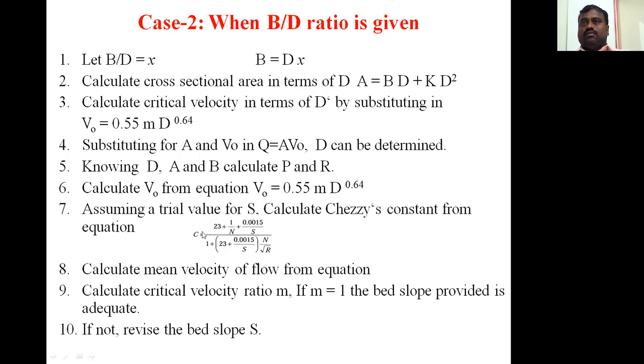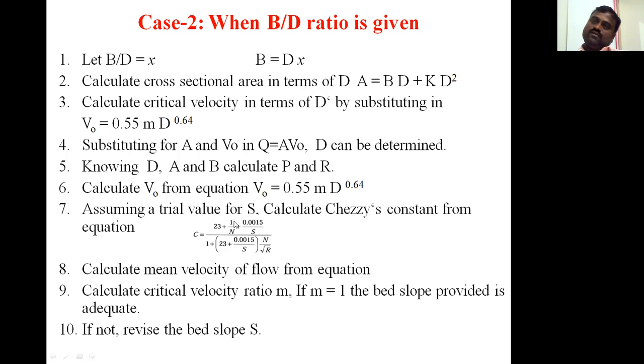Now assuming bed slope value, in Kutter's equation, which is given by V is equal to C root RS, where C stands for this given equation: 23 plus 1 by n plus 0.0015 divided by s, whole divided by 1 plus under bracket 23 plus 0.0015 divided by s into n by root r.